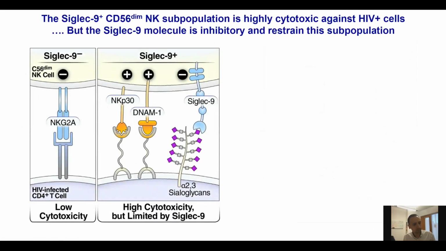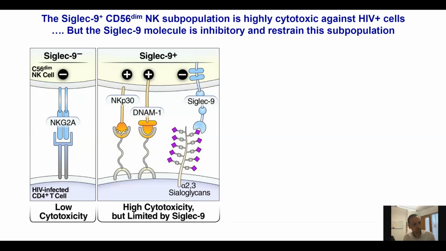So from this part, we can summarize that, surprisingly, these NK cells that express the inhibitory receptor Siglecs are actually highly activated and highly cytotoxic against virally infected cells. That is maybe due to their high expression of several NK activating receptors and markers like NKp30 and DNAM-1, and lower expression of other inhibitory receptors like NKG2A compared to the Siglec-negative NK cells.